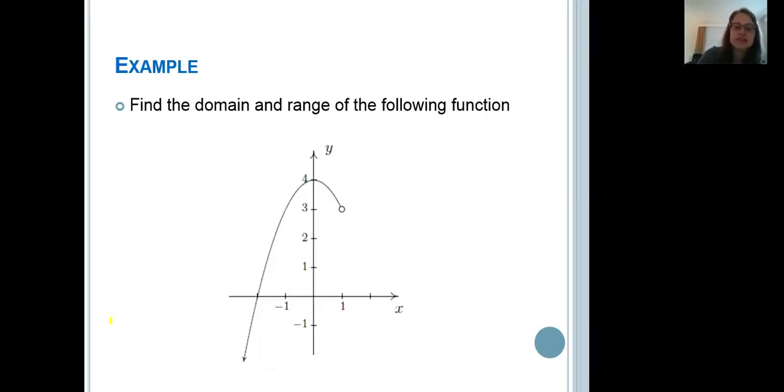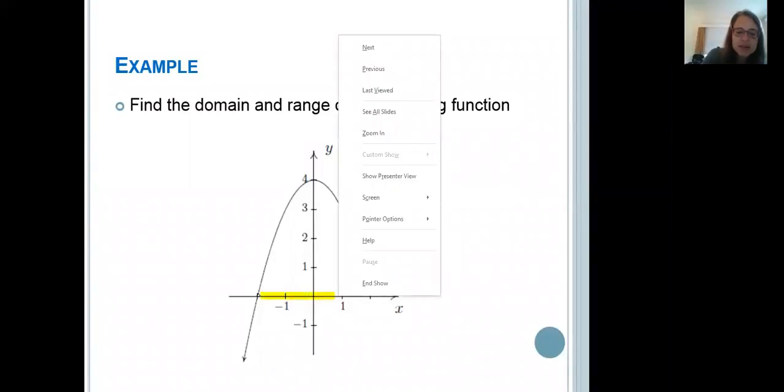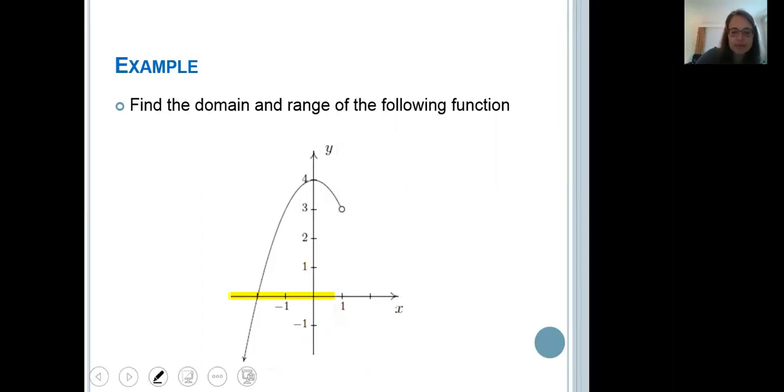So let's look at this. We see here that our graph, our picture of our set of points, starts at 1 on the x-axis and keeps going down. All right. PowerPoint is not being nice to me. There we go. Right?